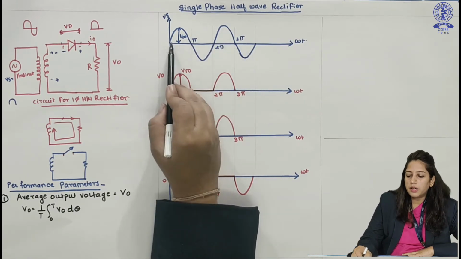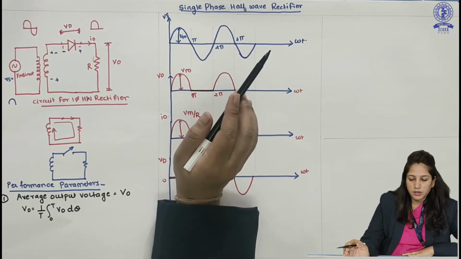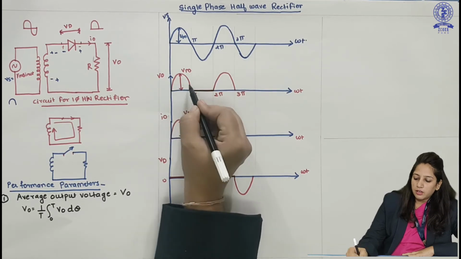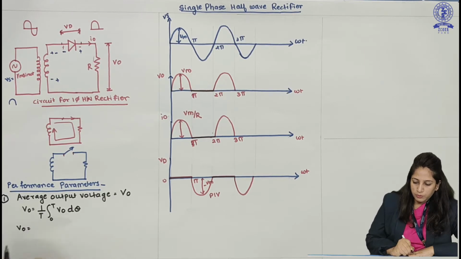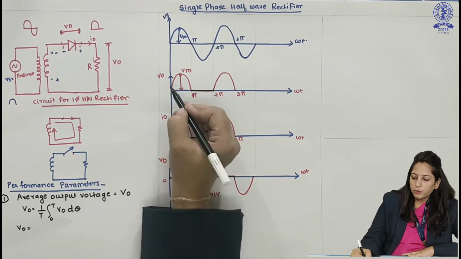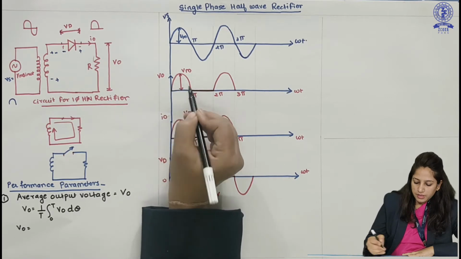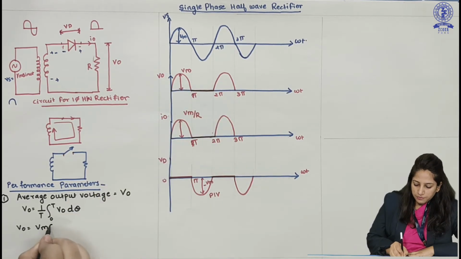First of all, I will write down the output voltage V0. What will be the output voltage? Here the output voltage is Vm sin omega t.